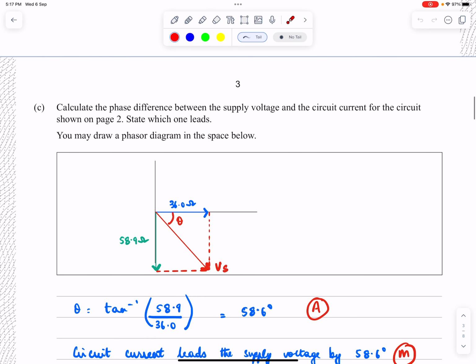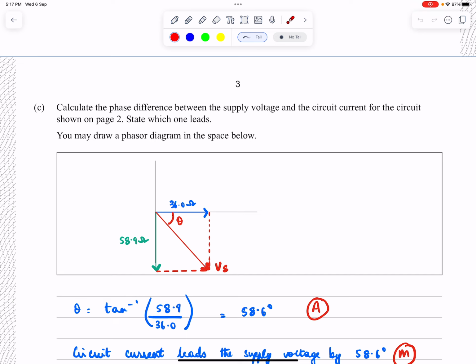Next part, calculate the phase difference between the supply voltage and the circuit current for the circuit shown on page 2 and state which one leads. So there's two things to do. Now, the phasor diagram, that's the impedance.